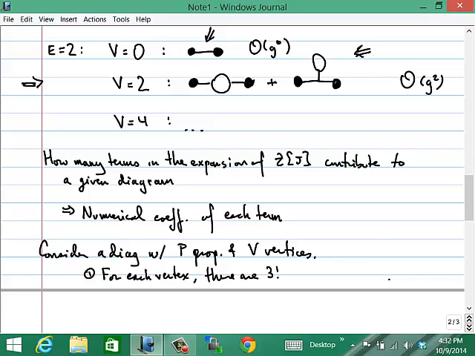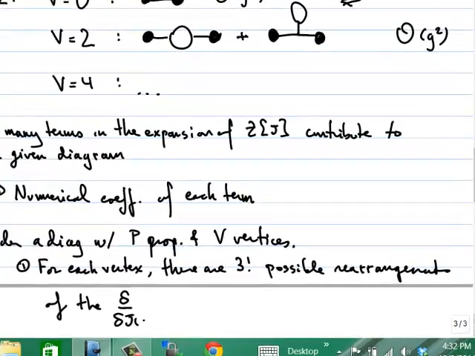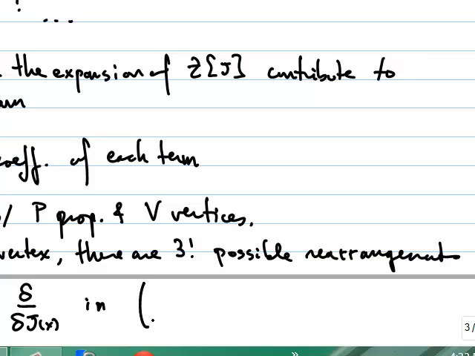Sorry, my handwriting is really atrocious. Possible ways that we could rearrange the functional derivatives appearing in this d by dj cubed.